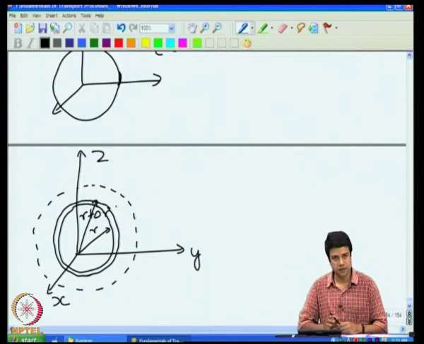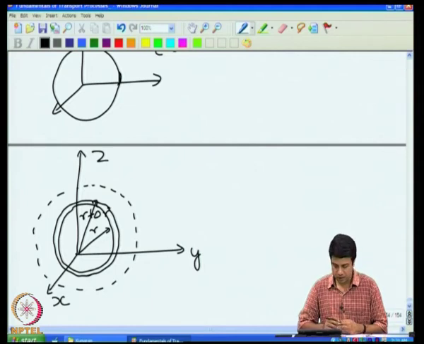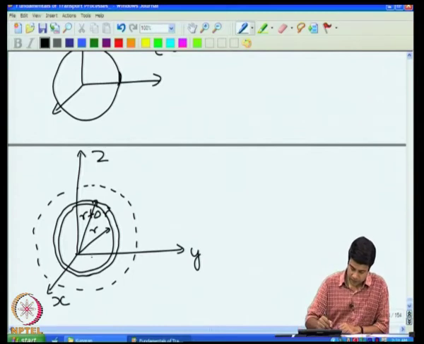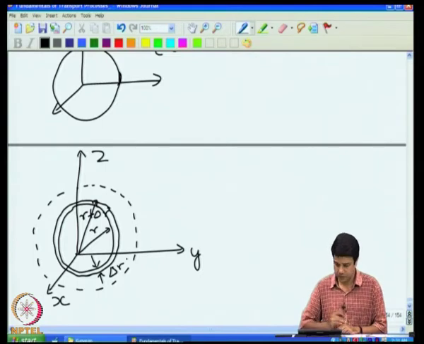Okay, there are two surfaces. One surface is at radius r and the other is at radius r plus delta r. The thickness of this shell is delta r.